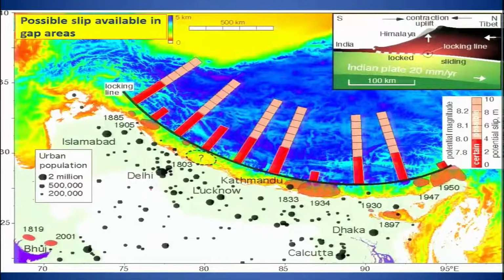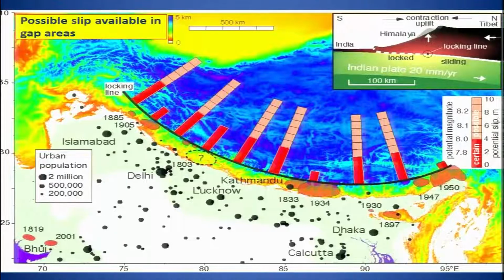Now, based on the past historical earthquakes, this was the hypothesis which came up: that the amount of strain or the potential slip which is available is the same all along the Himalayan arc because of the ongoing collision, or partial subduction, between the Eurasian plate and the Indian plate.